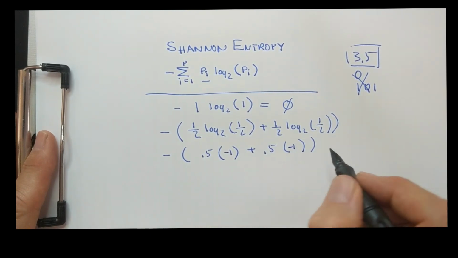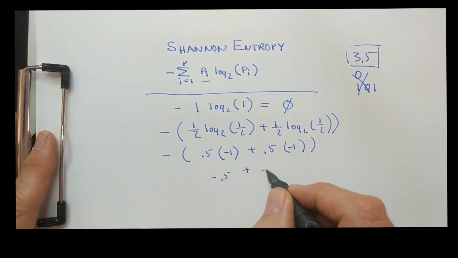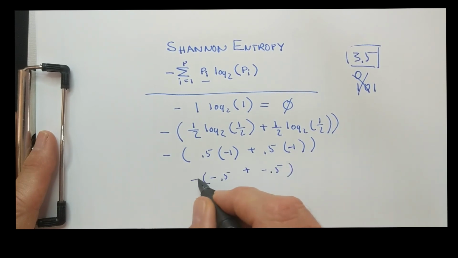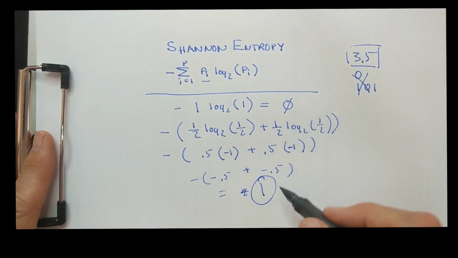Oops, these are minuses, sorry. So we get negative 0.5 plus negative 0.5. So the number of bits required for a coin toss is 1.